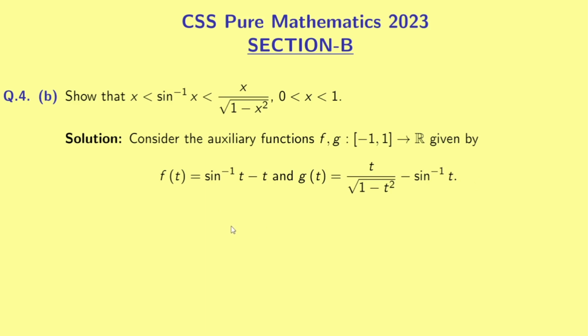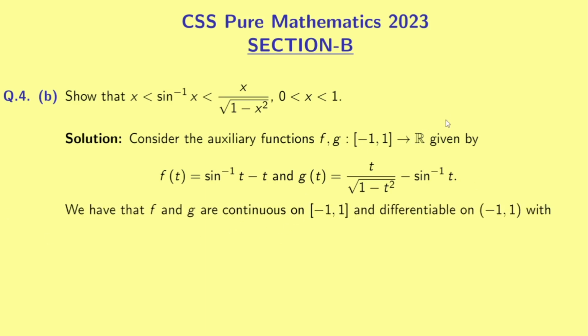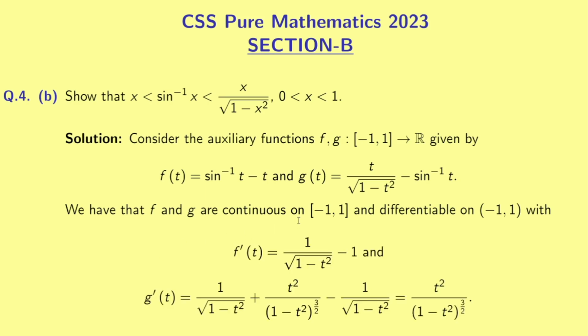These mappings are both continuous on the closed interval from minus 1 to 1, and they are differentiable on the open interval minus 1, 1.